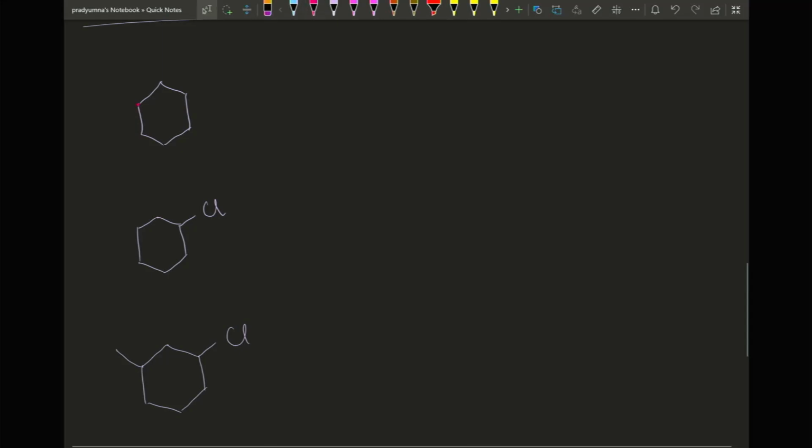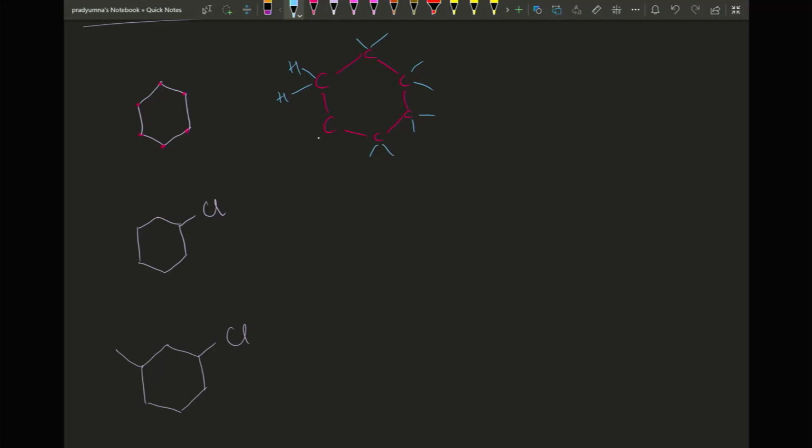So each of those corners is a carbon atom. So if I have to draw the structure, it should look like this. C, C, C, C, C, C. And then every carbon atom should have how many bonds? 4, right? So I'm gonna add hydrogen, H, H. So everyone should have 4 hydrogen.